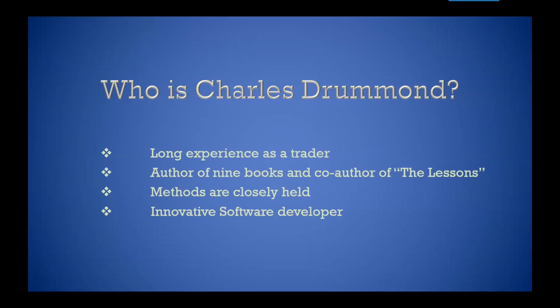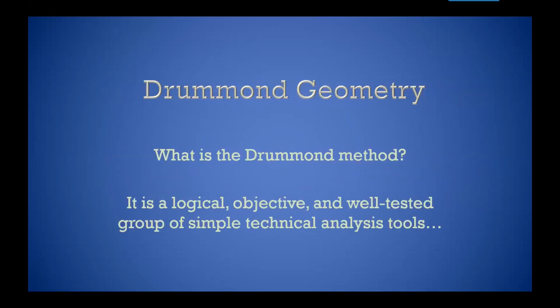There's non-disclosures involved. We do reveal everything we teach in detail, including formulas, to our students, but they're under non-disclosure as well. And Charlie and I have developed software. Some of it we regard as innovative. It's all very helpful. So what is this method?